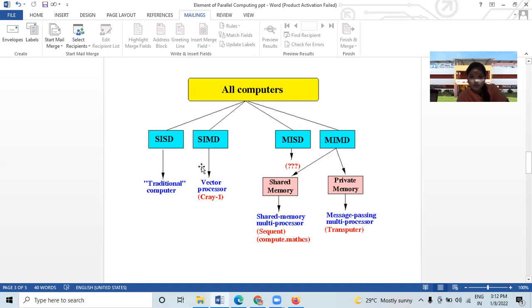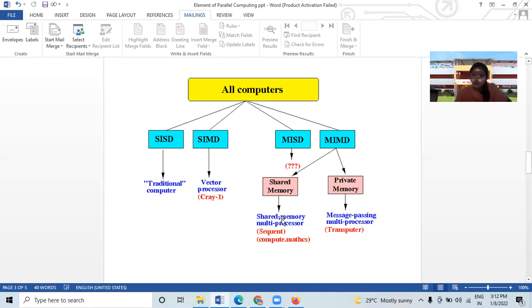MIMD is multiple instruction stream and multiple data stream.